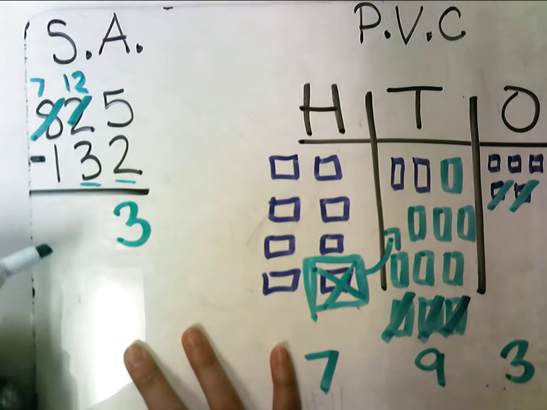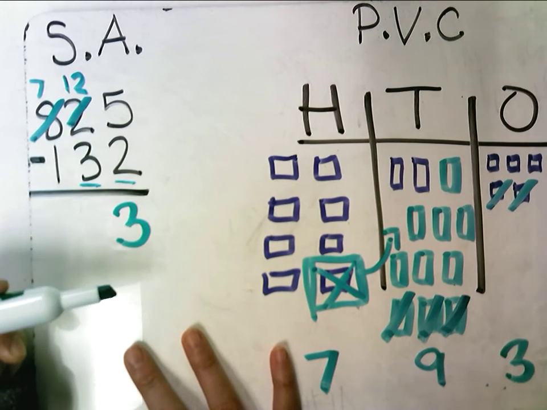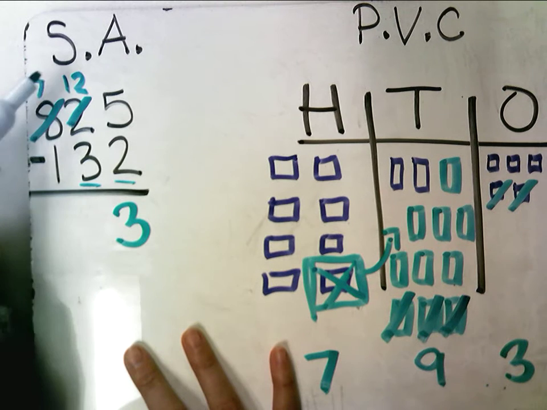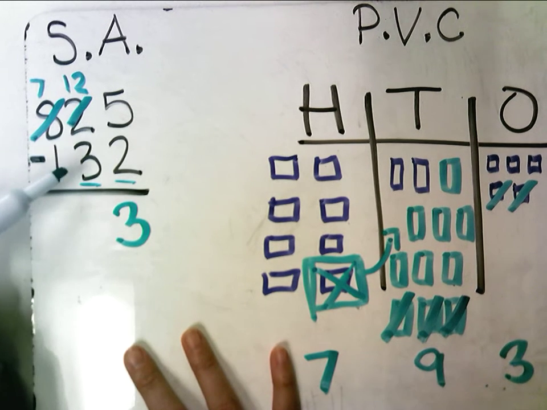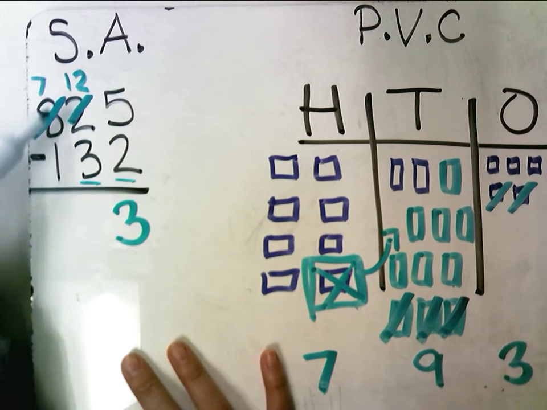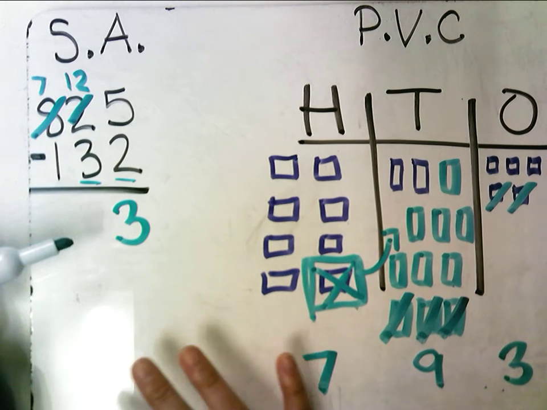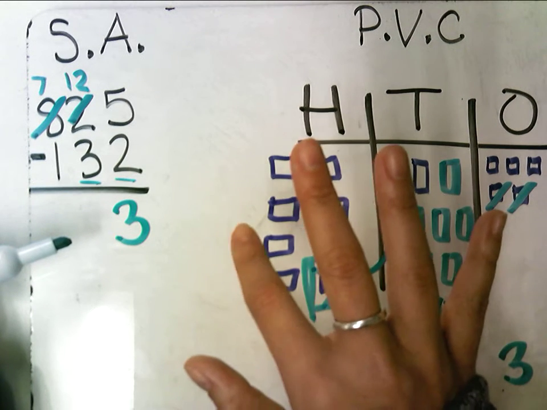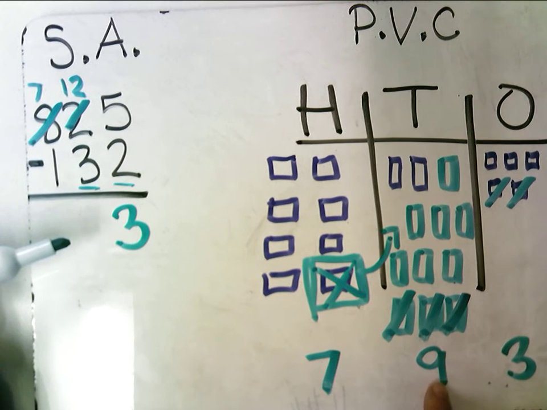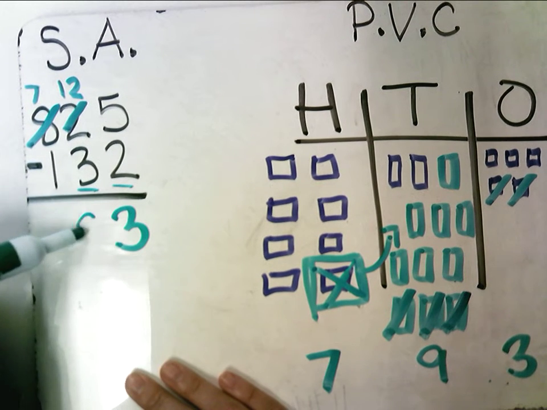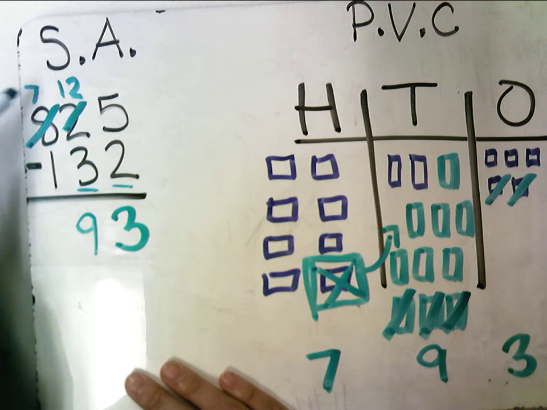Now we have 12 tens. So up at the top, above our 2, we write 12. 12 tens minus 3 tens. Well, 12, 11, 10, 9. 9 tens, just like we did on our place value chart. That goes here. And 7 tens.